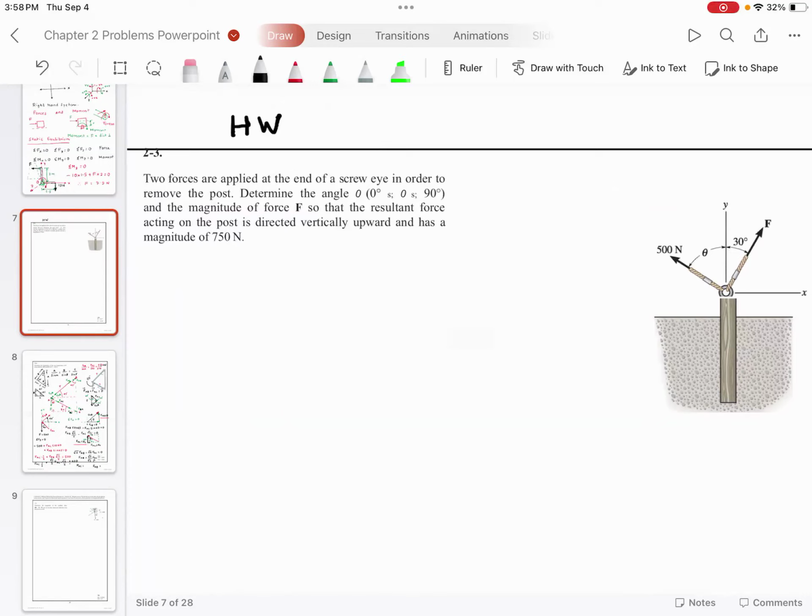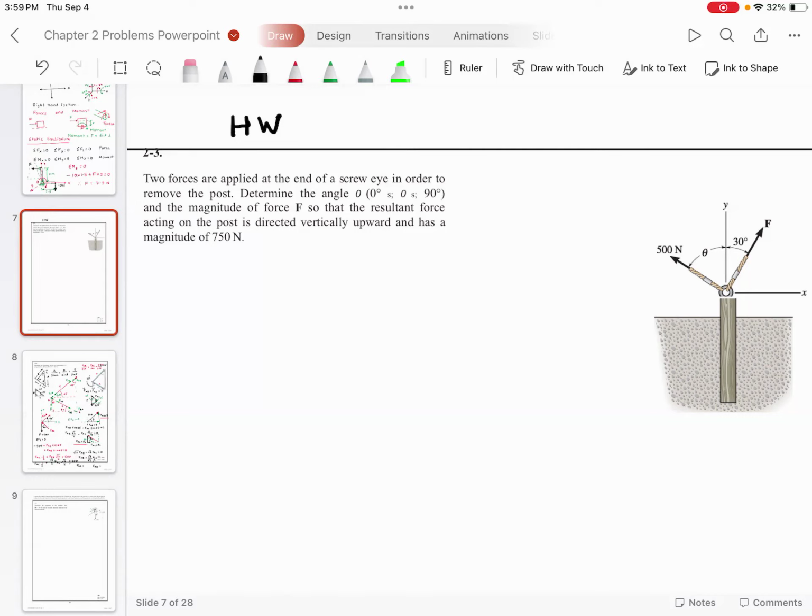Two forces are applied at the end of the screw eye in order to remove the force. We have to find the angle theta in such a way that the resultant, the total force F acting on the screw eye, is directed vertically upwards and has the magnitude of 750 newtons. How would you solve this problem?